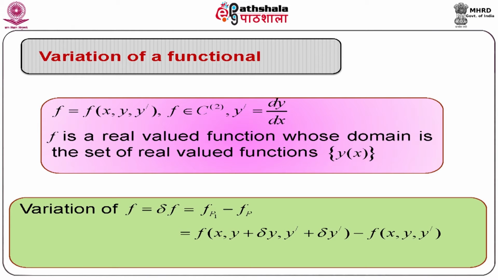Let small f equal to small f function of x, y, y dash. F belongs to C2, C2 being the set of continuously differentiable functions up to second order. Y dash equals dy dx, that is the derivative of y with respect to x. F is a given function which is real.